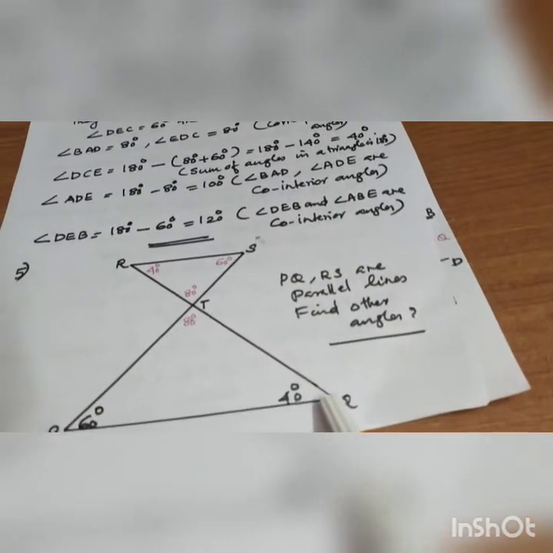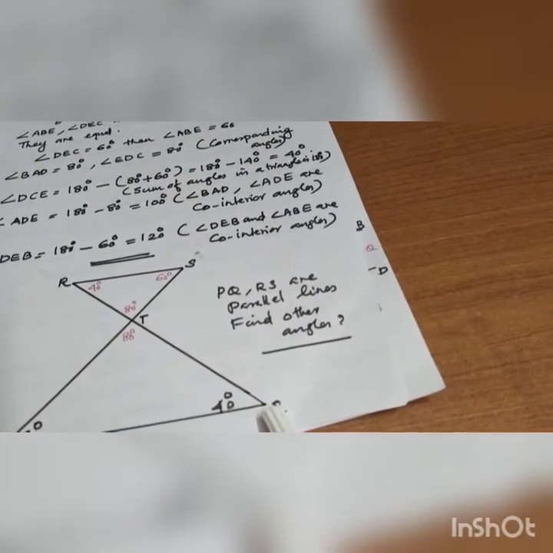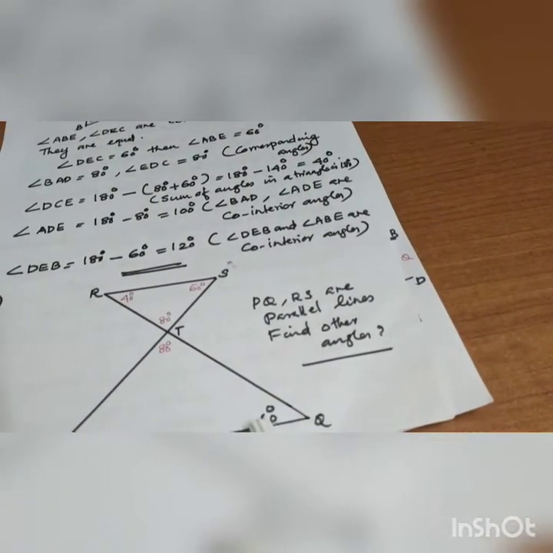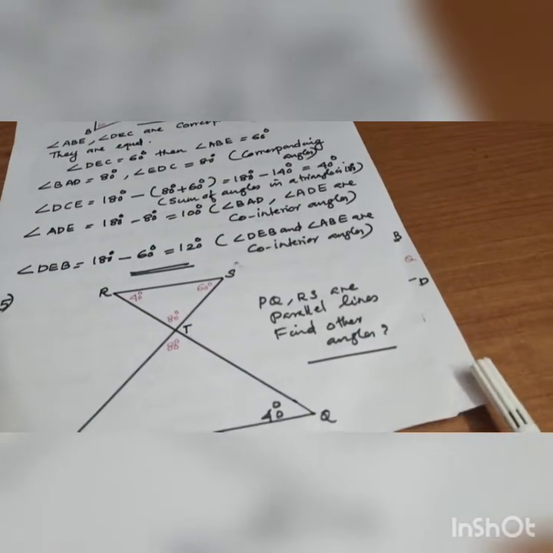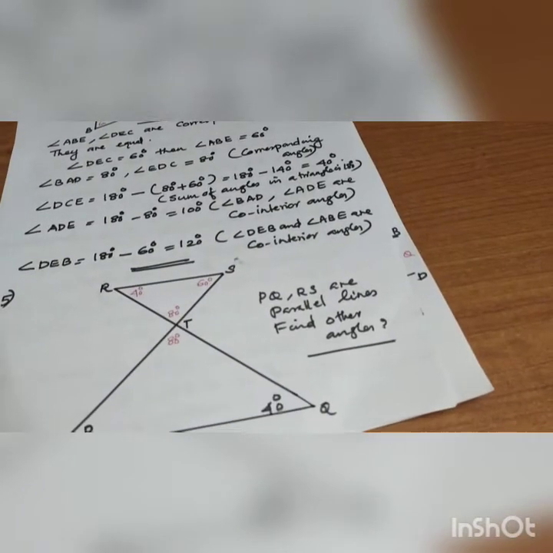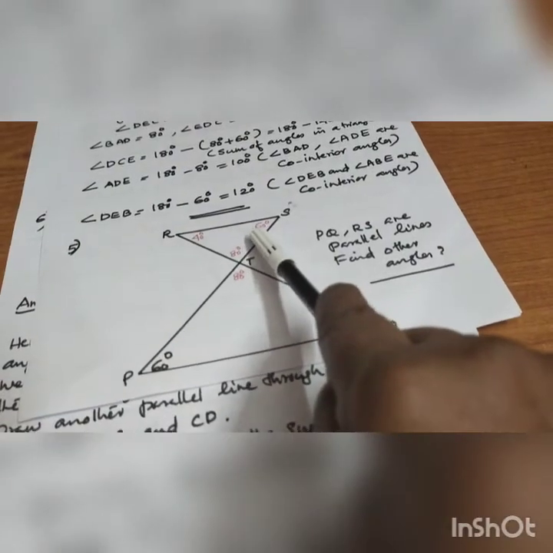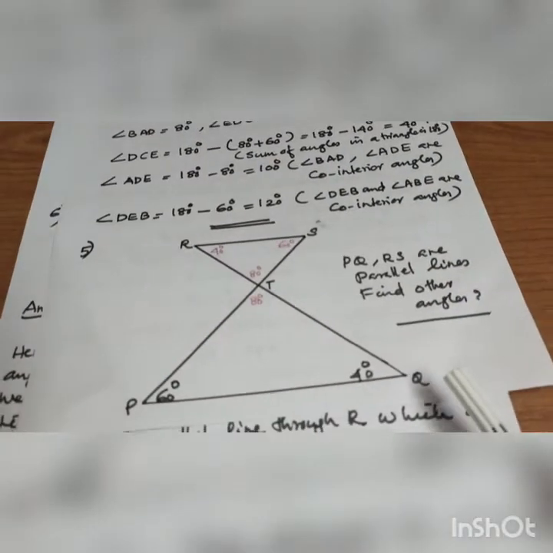Then, PQ and RS are parallel. Consider RQ is the transversal. Then these two are alternate interior angles. They are equal. Therefore, this is 40 and this is 40. Again, consider PQ and SR are parallel and PS is the transversal. Then this is 60 degree and this is also 60 degree because these two angles are alternate interior angles.